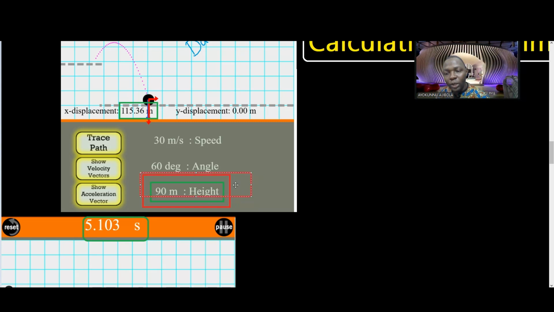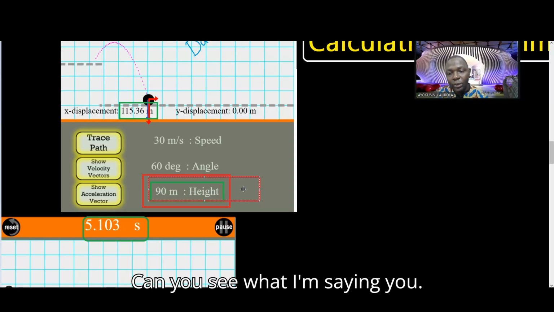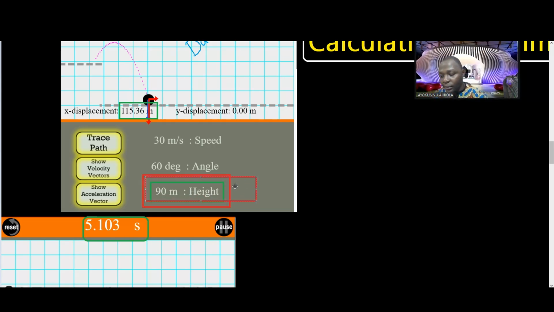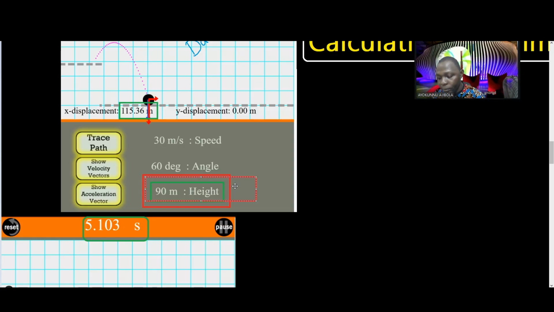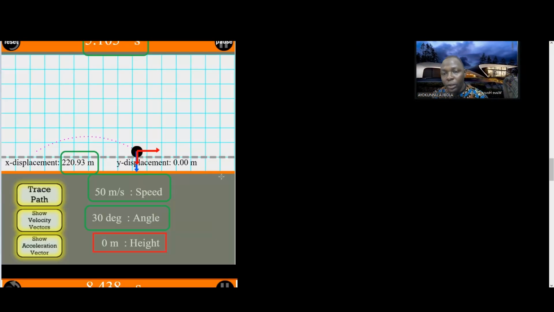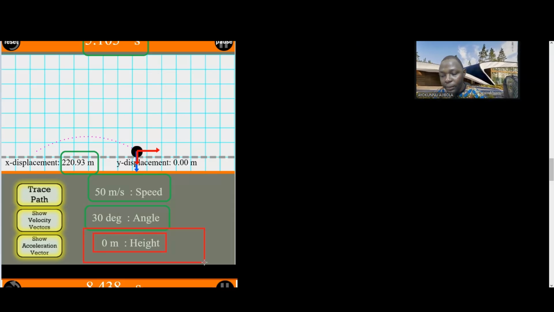Can you see what I'm showing you? What is this height? 90. But in the second one, what is the height? 0.